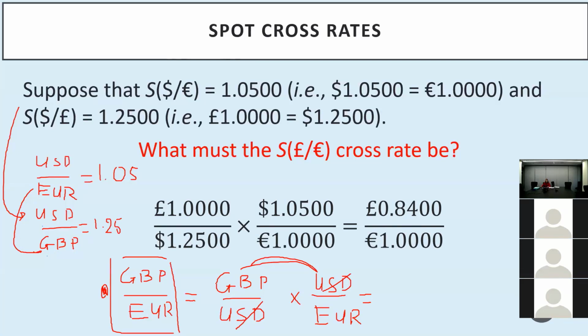So do we have that in our question? In our question, we are given the reciprocal of this ratio, right? We are given the ratio between the USD and the pound, but we want the ratio between the pound and the USD, okay? So it's just the reciprocal of this rate over here.